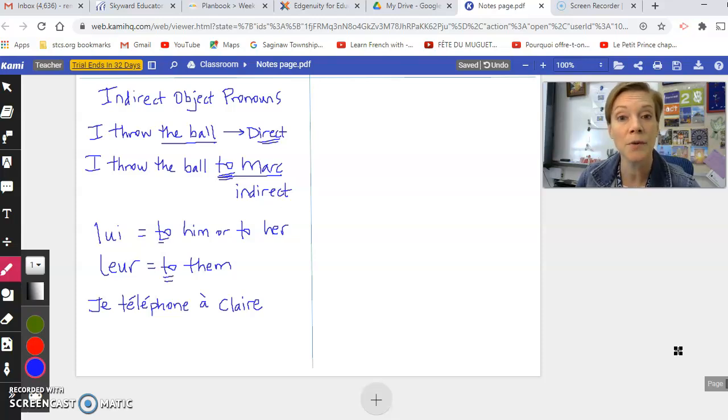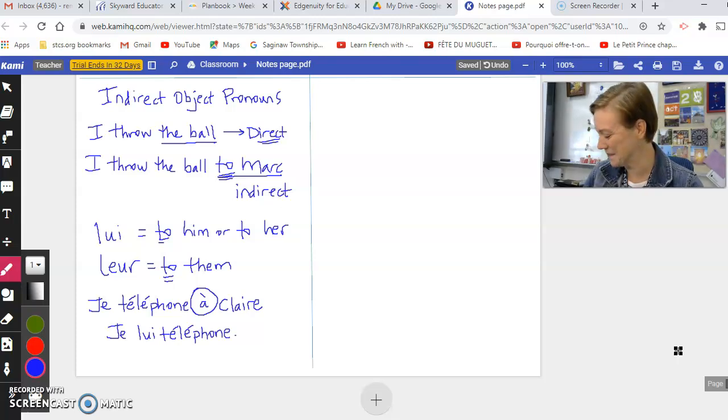Leur means to them. I throw the ball to Mark. Class, what's the French word for to? Je téléphone à Claire. That means I'm going to say, je lui téléphone. Does that make sense?